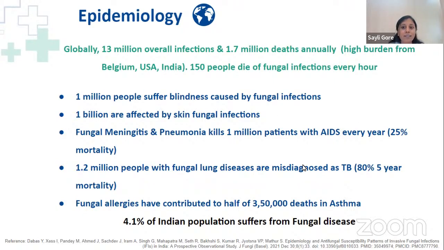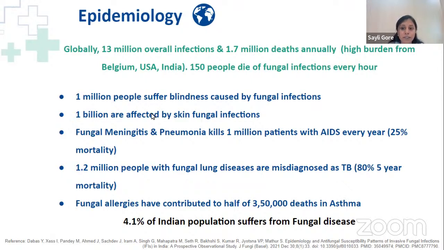So I'll just mention the epidemiology. You can see here that the fungal infections are in the numbers of millions and billions. Globally, there are 13 million overall fungal infections, and almost 150 people die of those infections every year. Millions and billions of people are affected by skin fungal infection. They suffer from blindness.